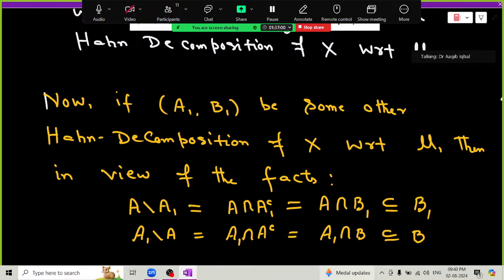B1 and B, they are the second components in the Hahn decomposition, so that means they are negative sets. So that means these are measurable portions of negative sets. So इनका जो signed measure mu है, it will be less or equal to 0.